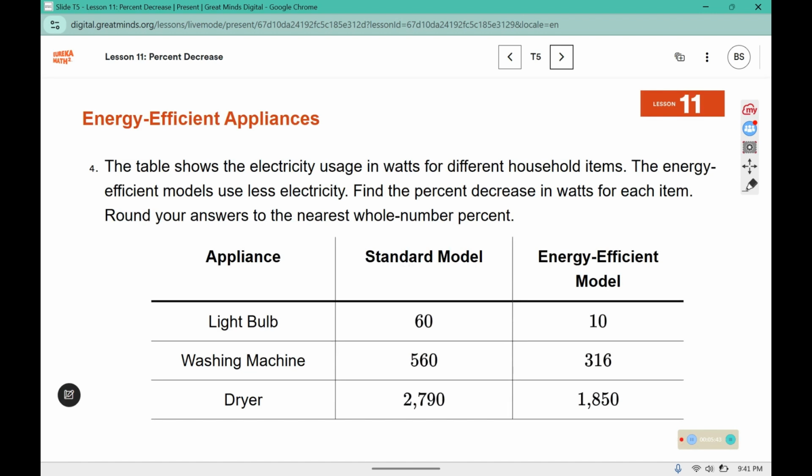The table shows the electricity usage in watts for different household items. The energy efficient models use less electricity. Find the percent decrease in watts for each item. Round your answer to the nearest whole number percent.